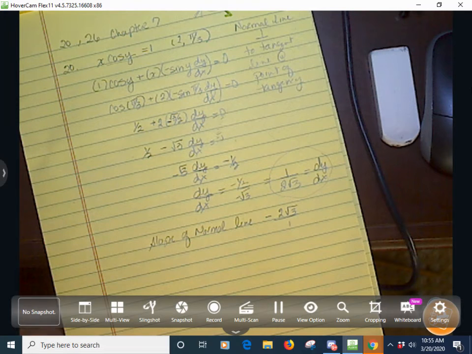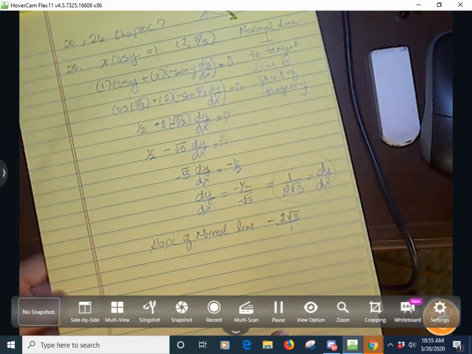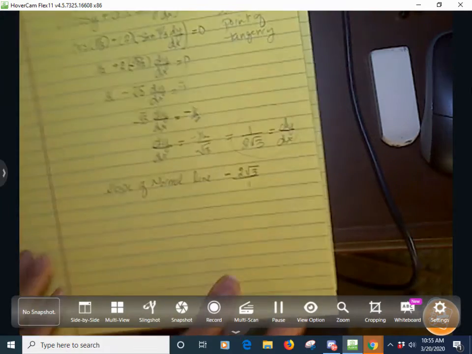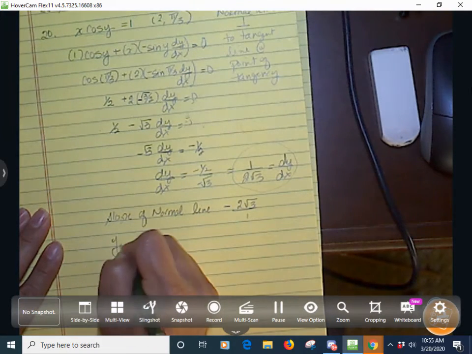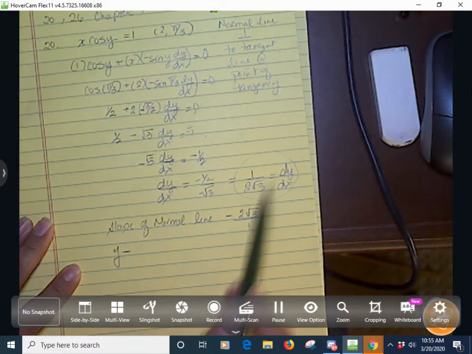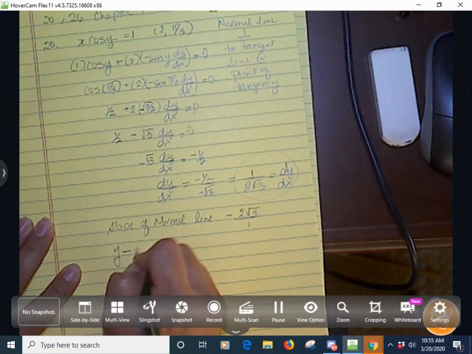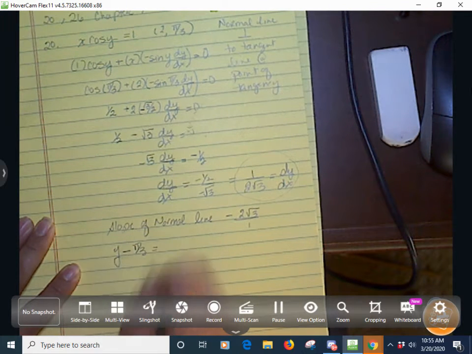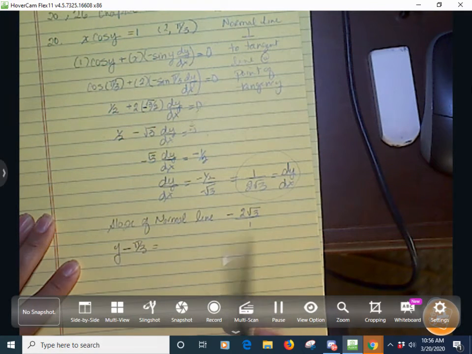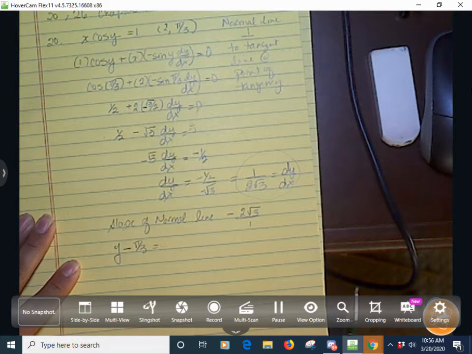And so now you want to find the equation. y minus your y value, which is pi over 3, is equal to your slope. It's not going to be f prime because that's the derivative of the tangent, but the slope of the normal line.